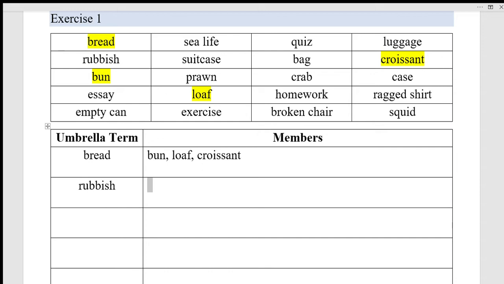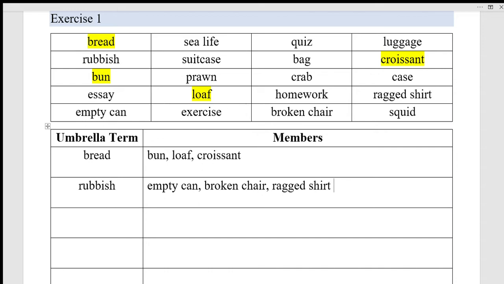Contoh-contoh sampah tu apa? For example, empty can, okay, tin-tin yang kosong, or broken chair, okay, kerusi yang sudah rosak, atau ragged shirt. Ragged shirt maksudnya shirt, okay, baju yang sudah koyak dan kotor. Koyak dan kotor tu ragged.